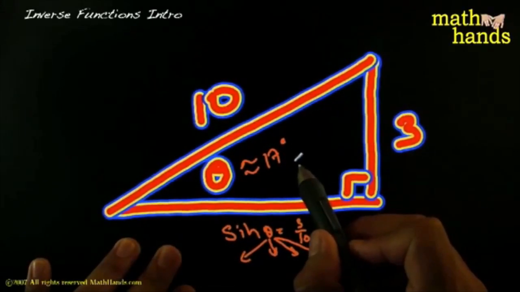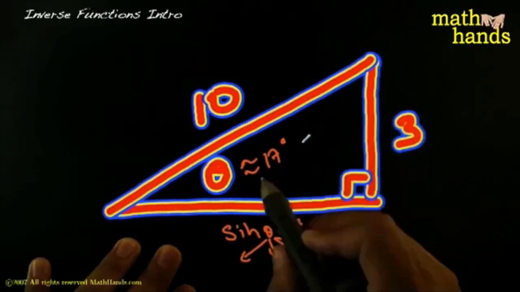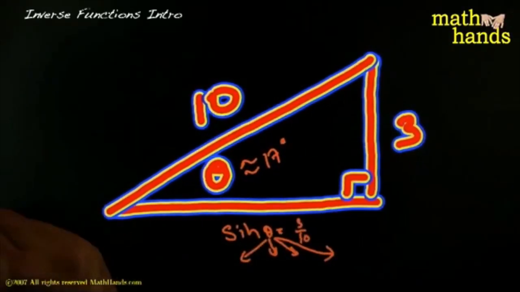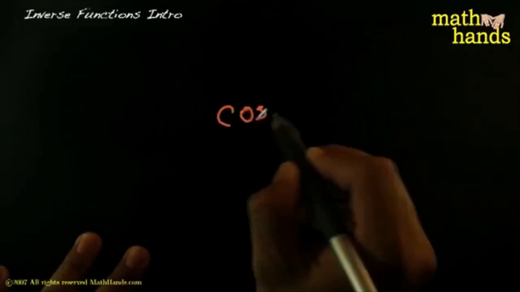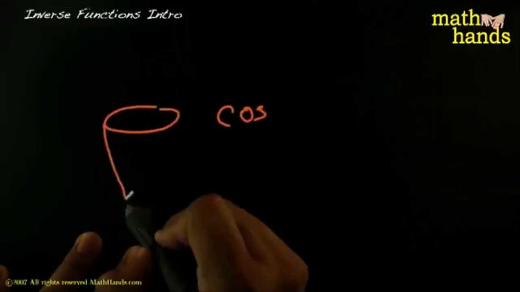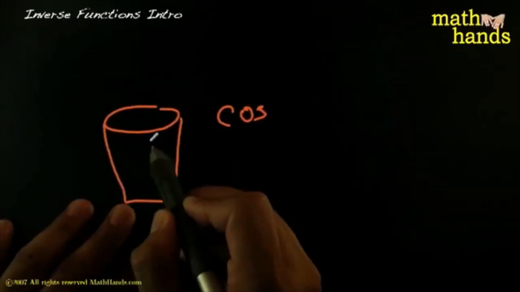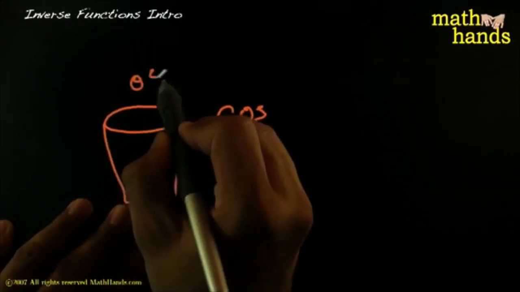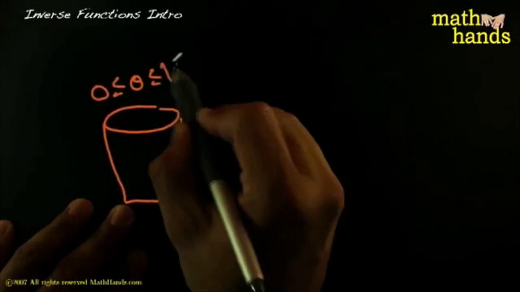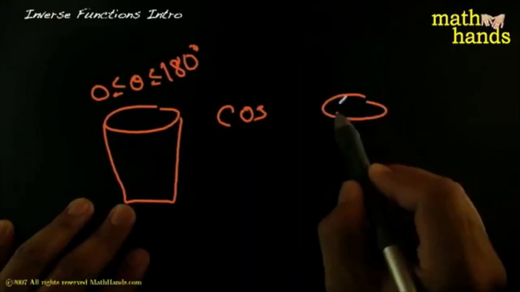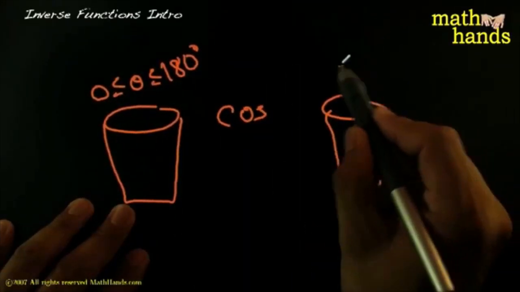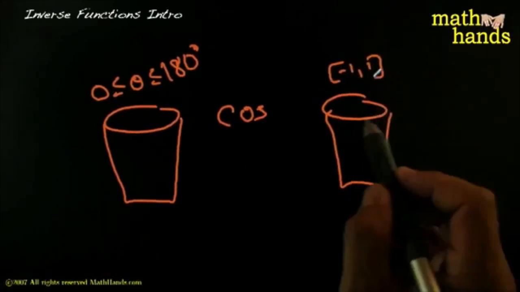Alright, anyways, that's the sine inverse function, and similarly the other functions have some restrictions too. Cosine, for example: the cosine function can usually take any sort of angle. If we restrict it to angles between 0 and 180 degrees, the codomain is -1 to 1.